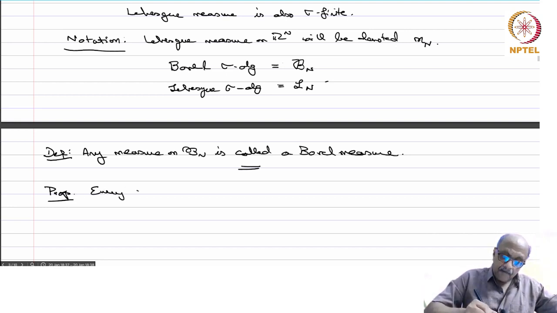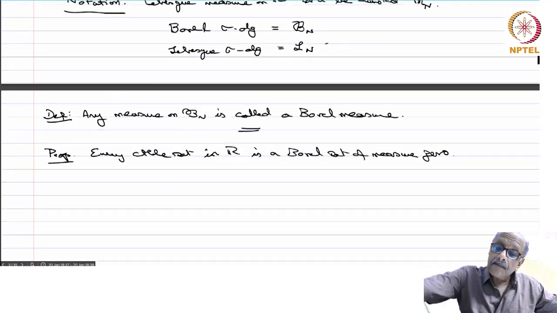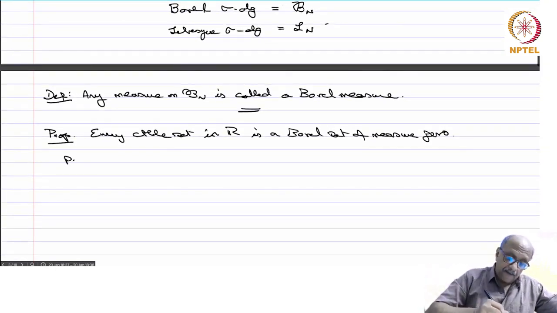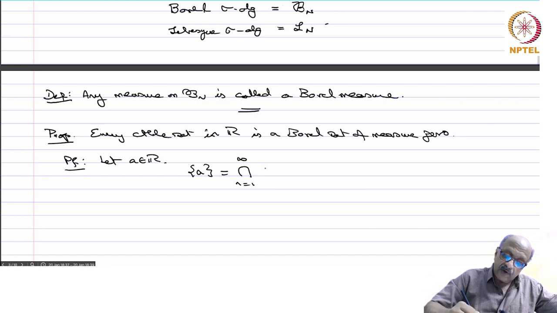Every countable set in R is a Borel set of measure 0. So proof: let a belong to R, and then the singleton {a} can be written as the intersection over n equals 1 to infinity of (a, a + 1/n].